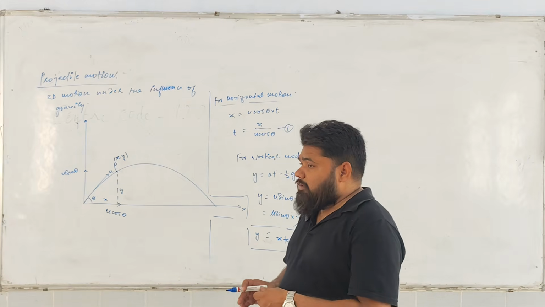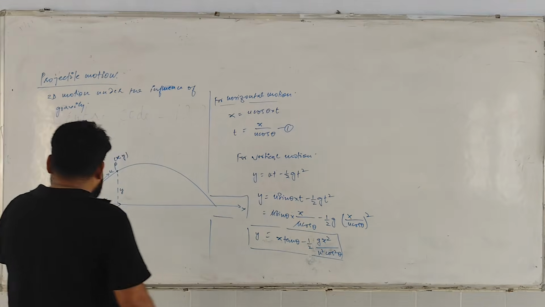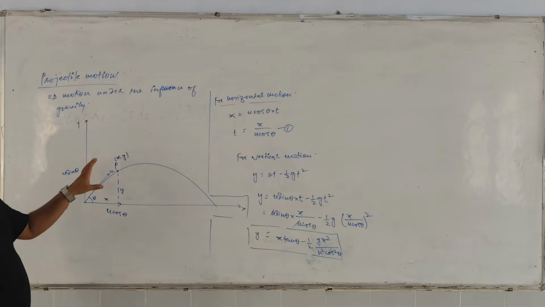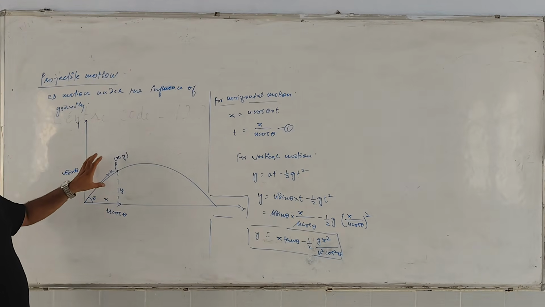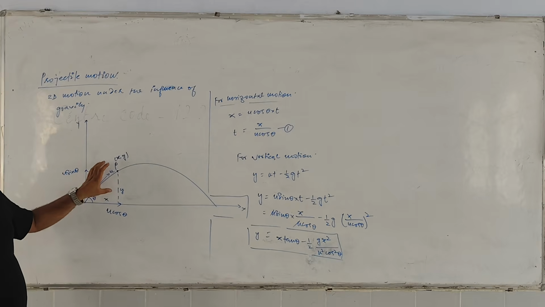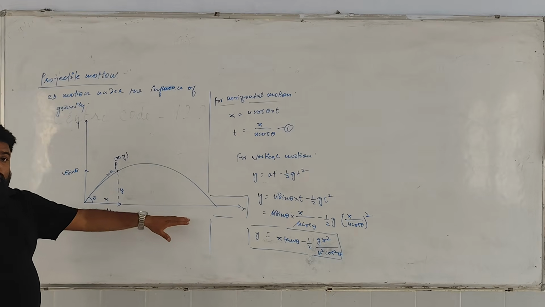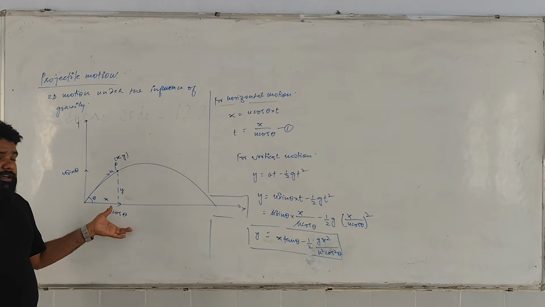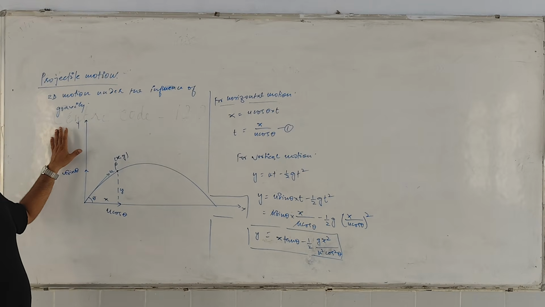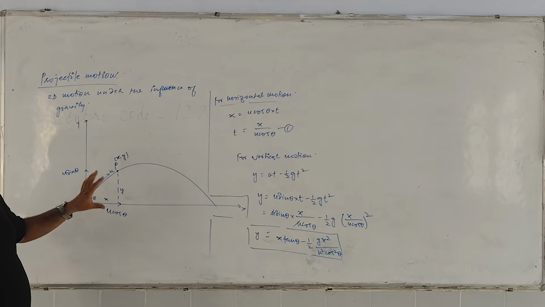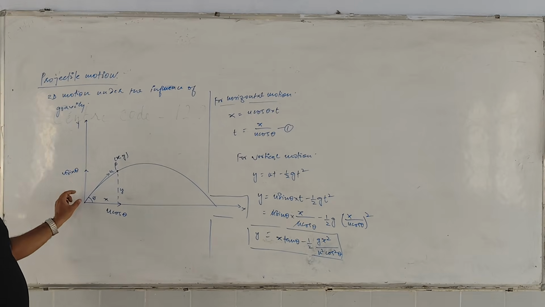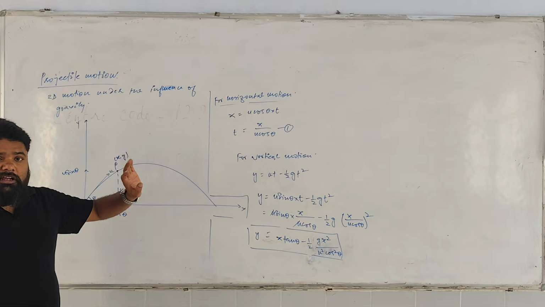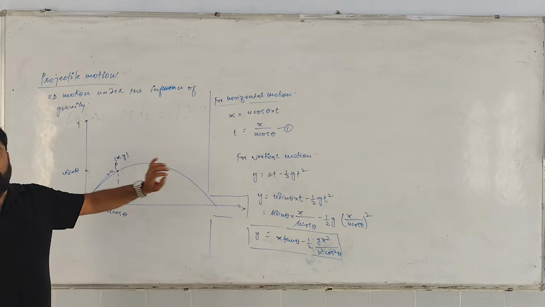Just recall once more. Suppose we have a body projected with speed u at angle theta. Then the velocity is split into its components: one along the x-axis, the horizontal component, and one along the y-axis, the vertical component. Under the combined effect of these two components, the motion will be projectile motion, and the path of the projectile will be parabolic.